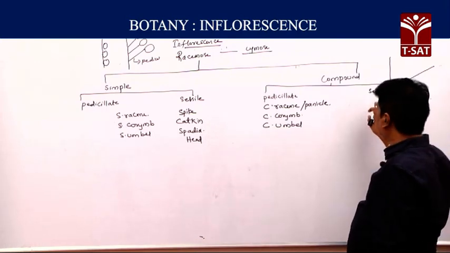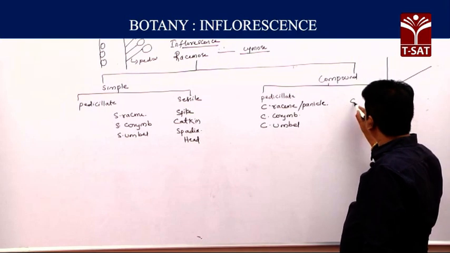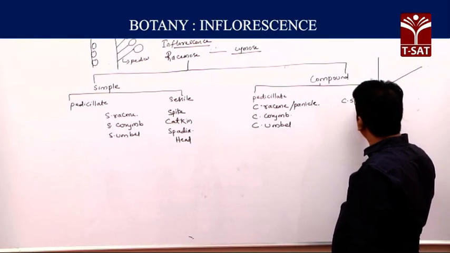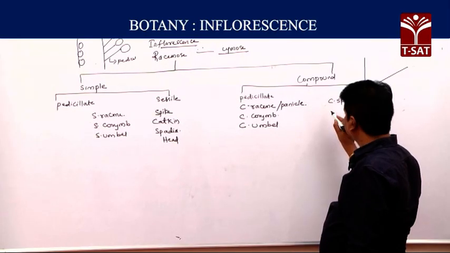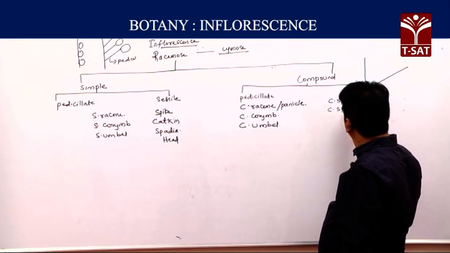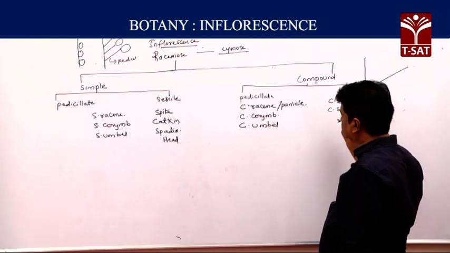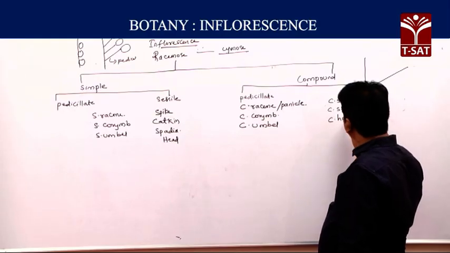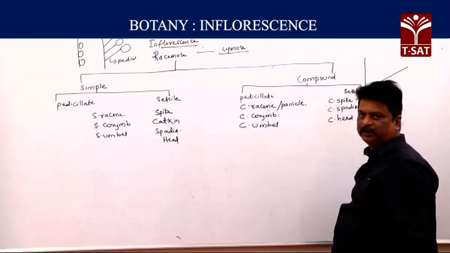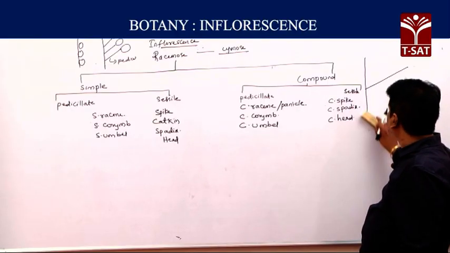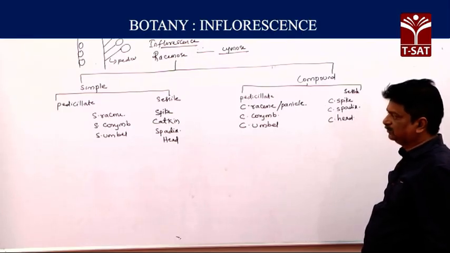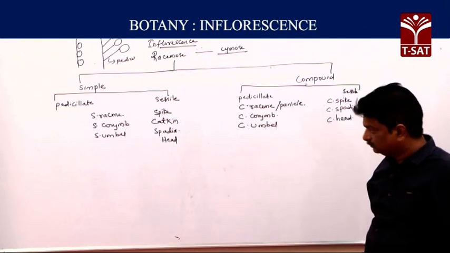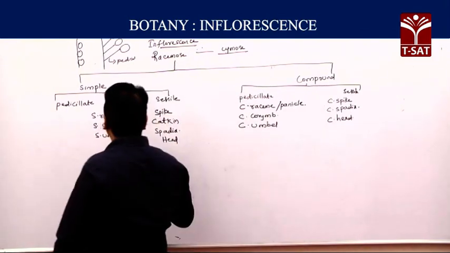Under compound sessile, there is compound spike, but compound catkin is not yet discovered. Next is compound spadix, and the third is compound head. So these are the types of racemose inflorescences.